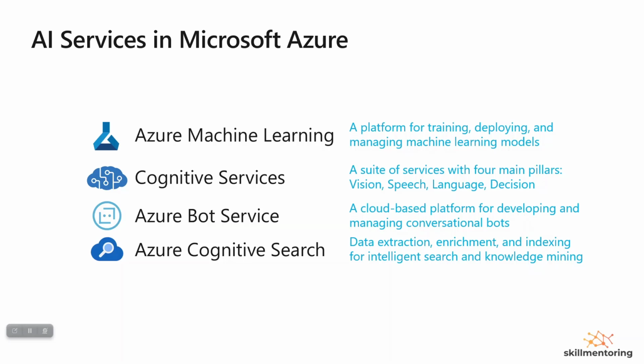The second type of artificial intelligence service on Azure which can be used is cognitive services. Cognitive services are a suite of services which have four main components: vision, speech, language, and decision. Now, these cognitive services are already developed, and applications can directly start using them to augment their applications and improve the customer experience.